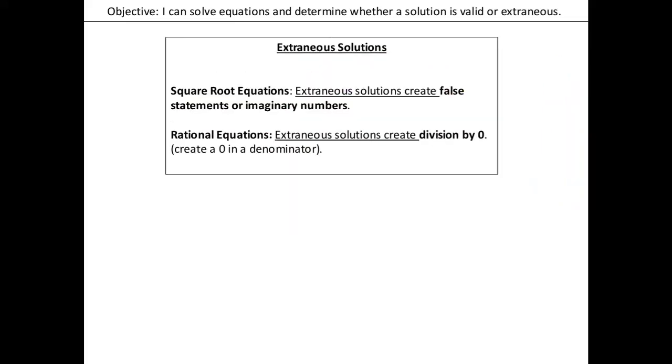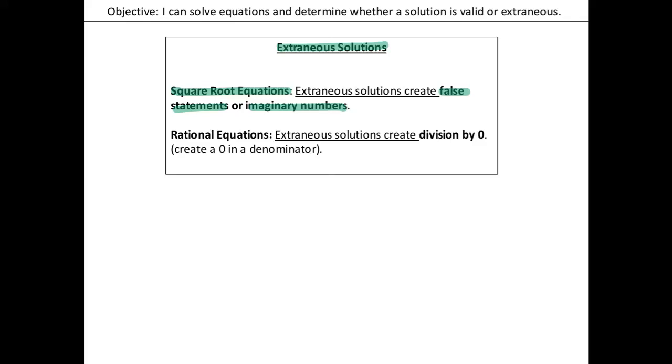So let's look at our extraneous solutions now. Extraneous solutions, if you remember, we had the square root equations, and then we also had the rational equations. The square root equations will have extraneous solutions if you have a false statement or it produces imaginary values.